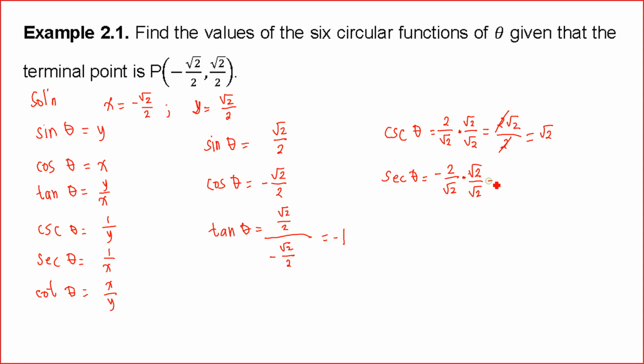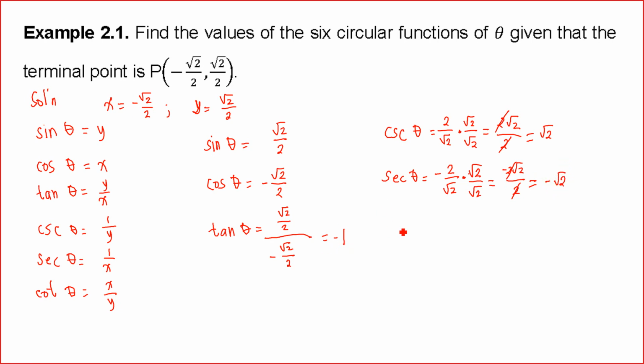So here we have negative 2 times the square root of 2, which is negative 2 square root of 2, over negative square root of 2 times the square root of 2, which is 2. In other words, divide out, then we have negative square root of 2.